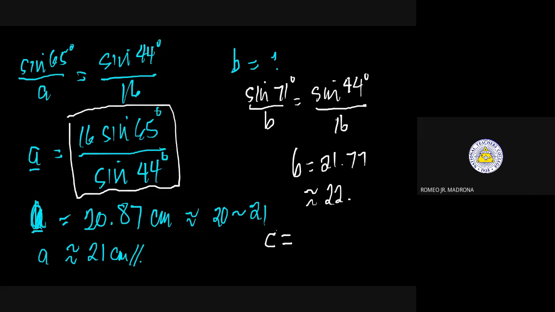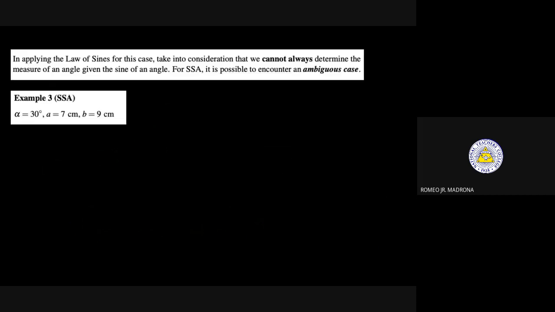Kasi wala ka pang ginagalaw dito. Ito kasi may ginalaw ka na dyan. Alright? And if you're going to use this, then you'll get all of the values on its most approximated value. Parang true value na rin siya. Alright? Ganun lang, class. Okay, any questions so far?